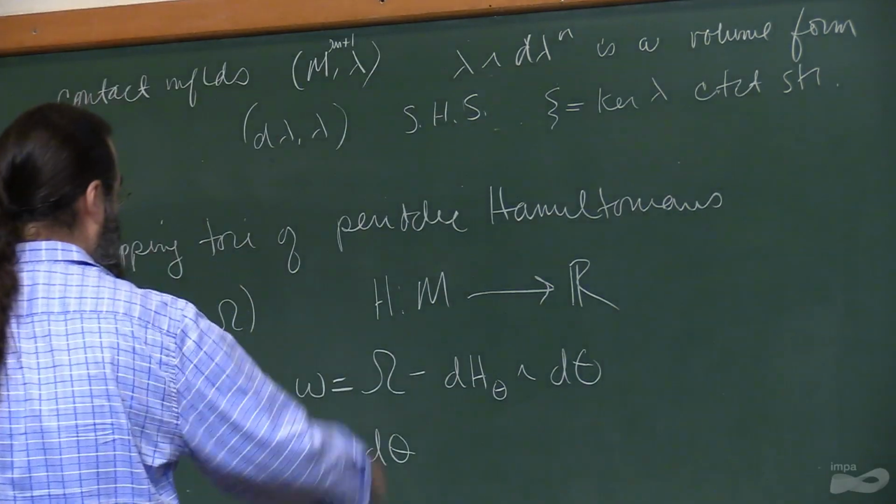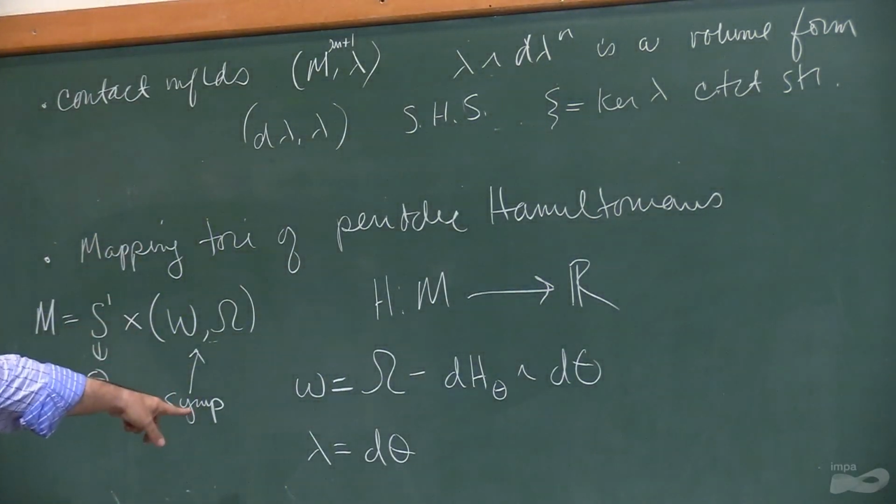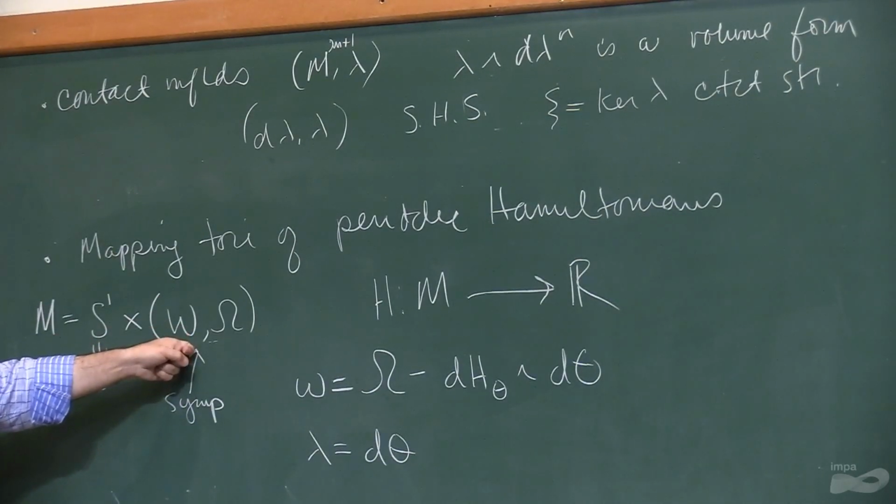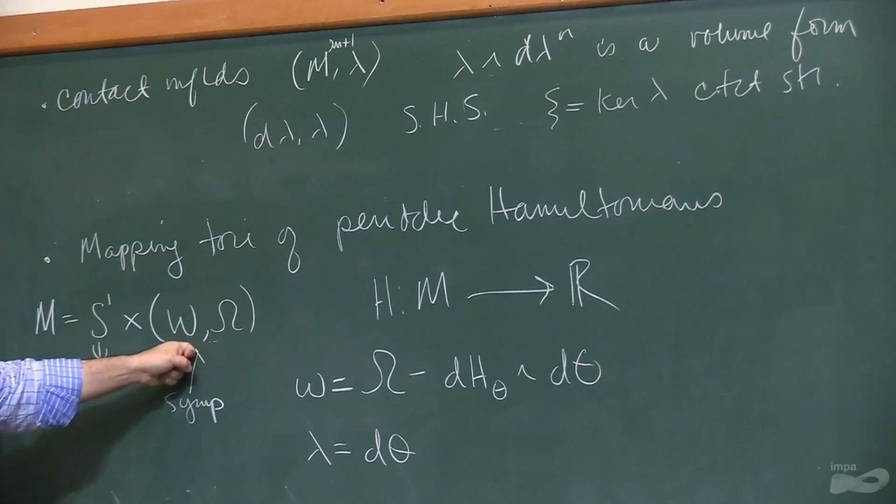So the hyperplane distribution here, kernel lambda, is just the tangent space to W everywhere, or the pullback of that distribution, I guess.